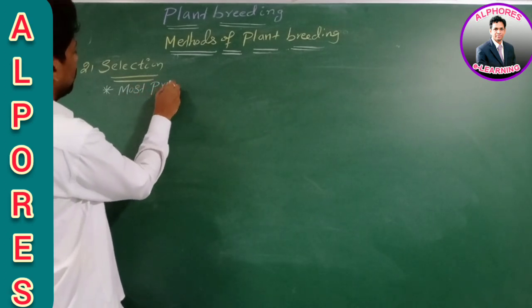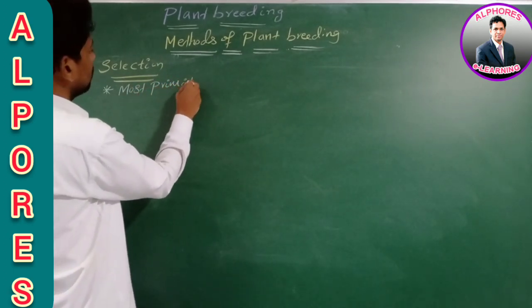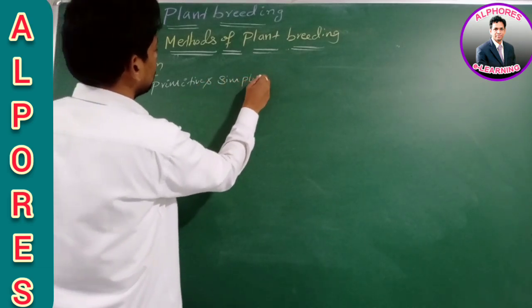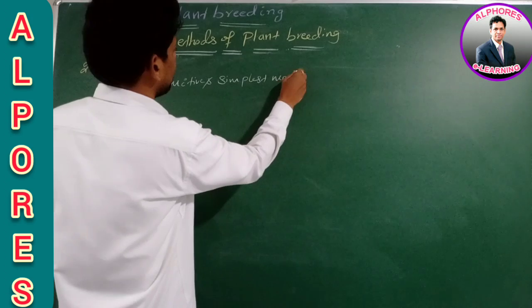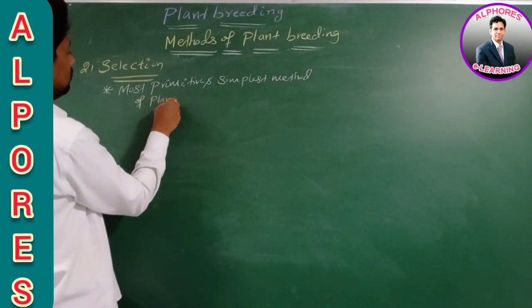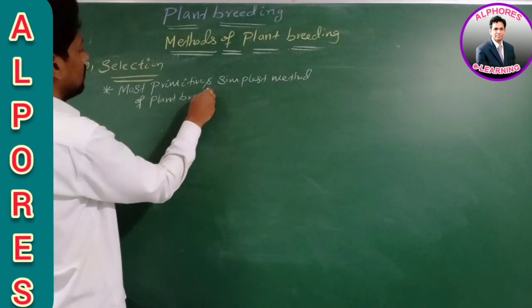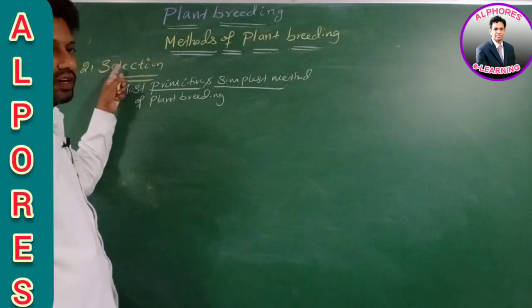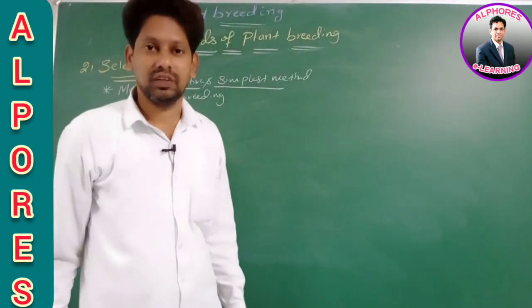Most primitive and simplest method of plant breeding. What is it? Selection. Is it okay?